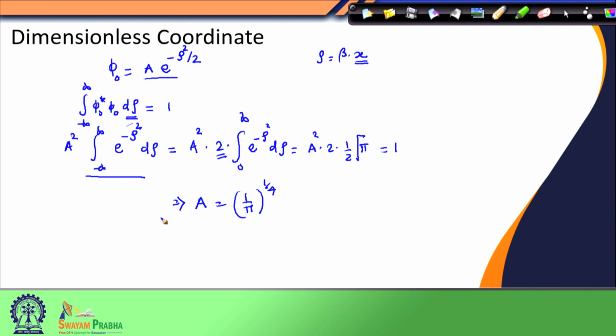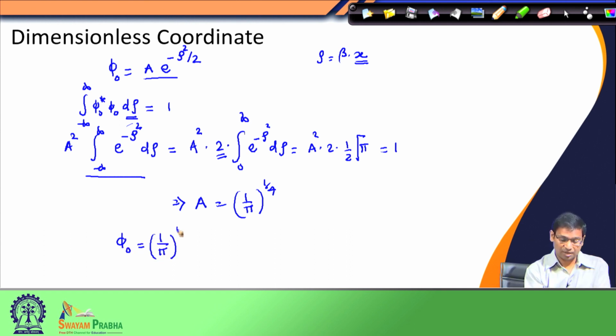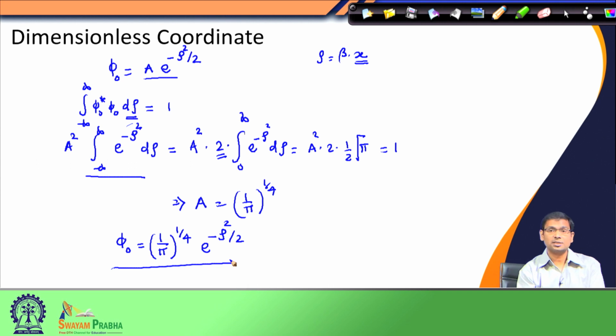So, to write down the normalized form of the lowest eigenfunction in the dimensionless coordinate, as you would see, this functional form is somewhat simpler than the previous one, where it depended on the dimension.